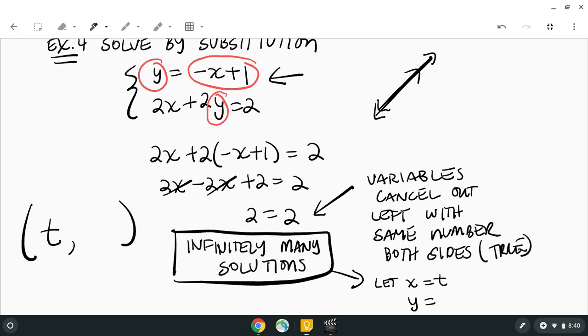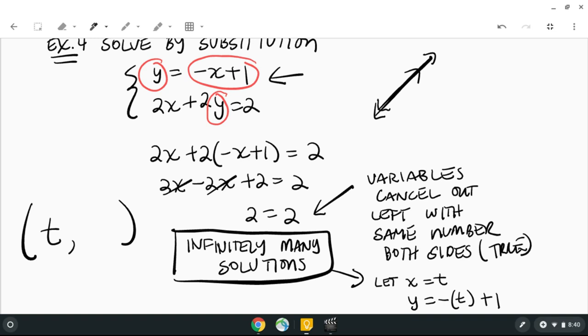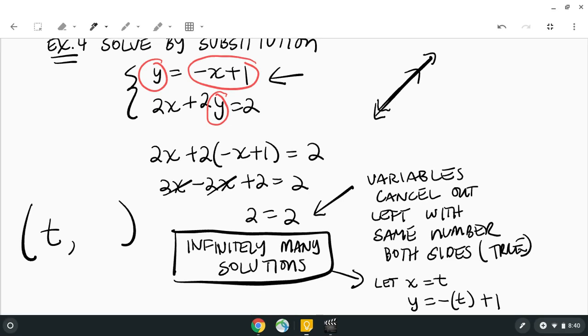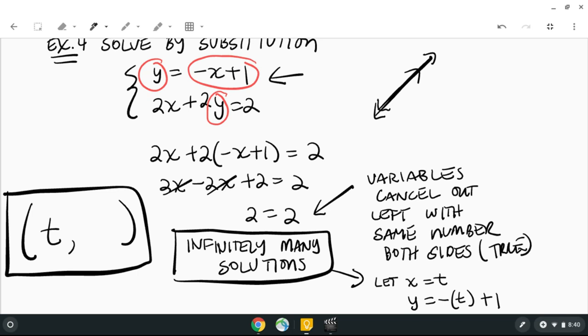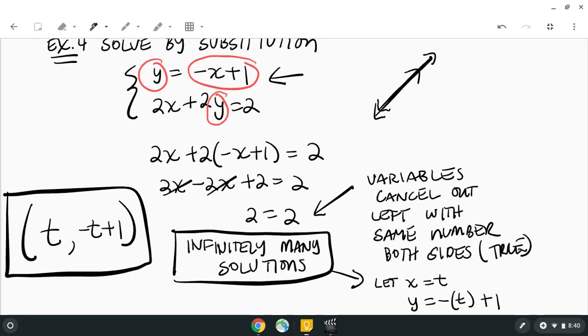Now I substitute that t value in for x, and that's what I get. So for my point, I have t for the x, and negative t plus 1 for the y value.